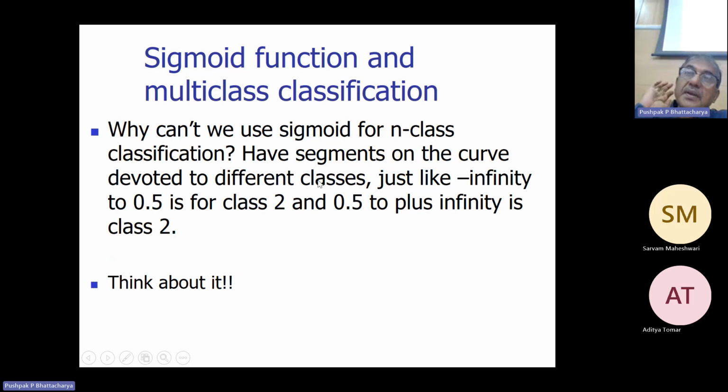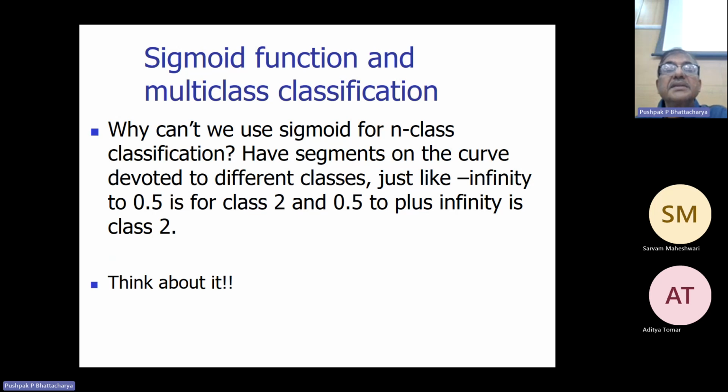Let's say 0 to 0.1 is class number 0, 0.1 to 0.2 is class number 1, 0.2 to 0.3 is class number 2, and so on. This way maybe you can have 10, 20, as many classes as you want. Will this work? Can such a learning situation work? This is a thinking exercise for you.